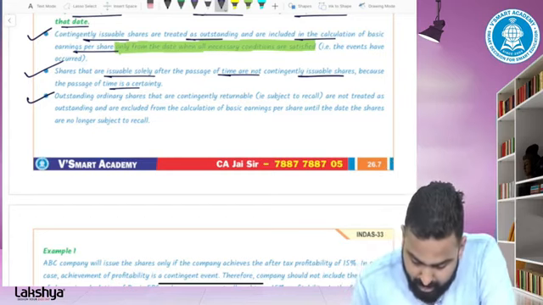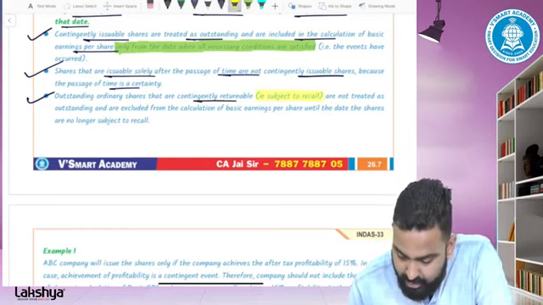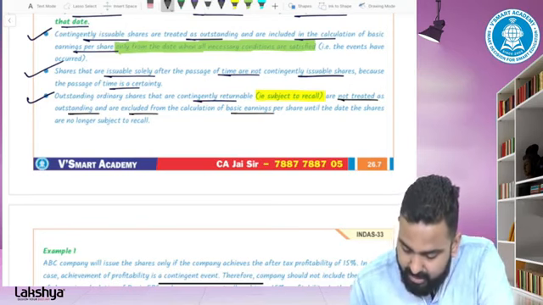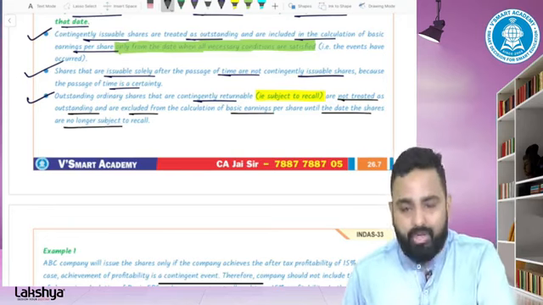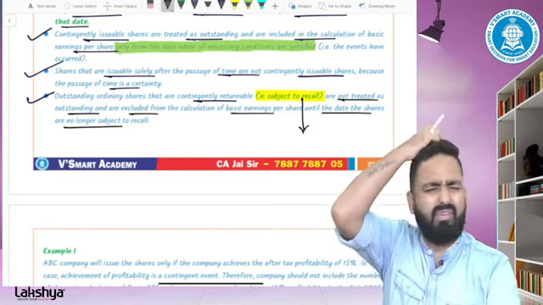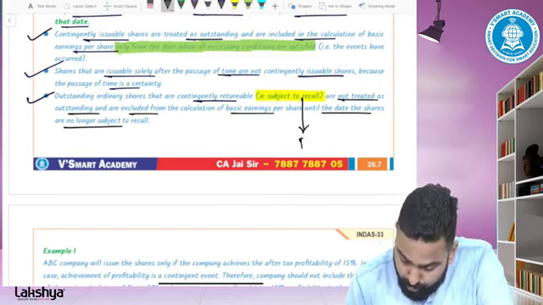Outstanding ordinary shares that are contingently returnable, that is subject to recall, are not treated as outstanding and are excluded from the calculation of basic earning per share until the date the shares are no longer subject to recall. Subject to recall means, basically, put option.